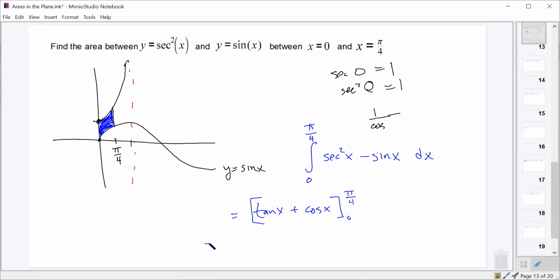What's the tangent of pi over 4? 1. And cosine of pi over 4 should be root 2 over 2. And we're going to subtract tangent of 0 plus cosine of 0. And what's the cosine of 0? 1. So it looks like we got 1 plus root 2 over 2 minus 1, which will just be root 2 over 2 units squared.